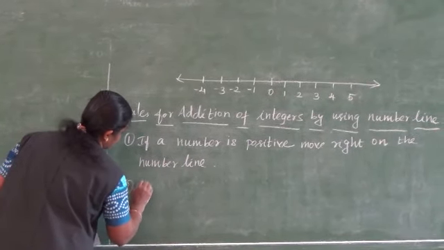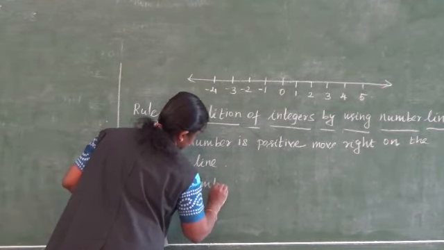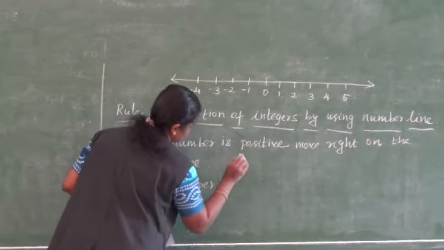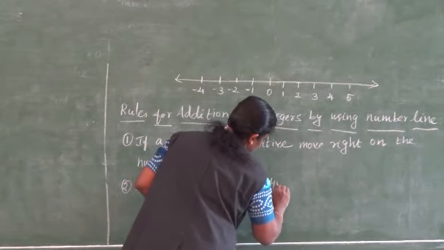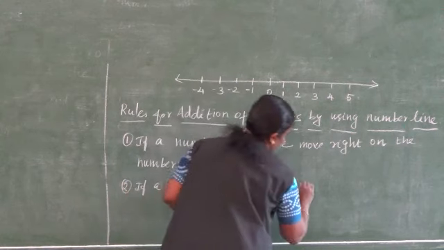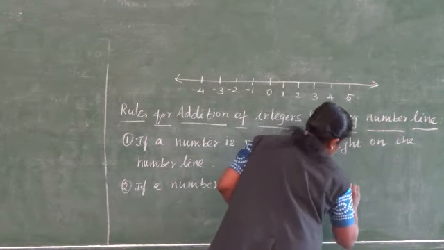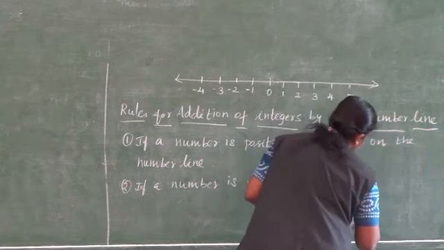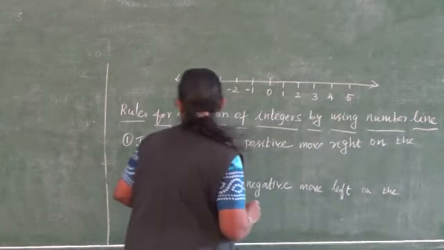Second one, if a number is negative, move left on the number line.